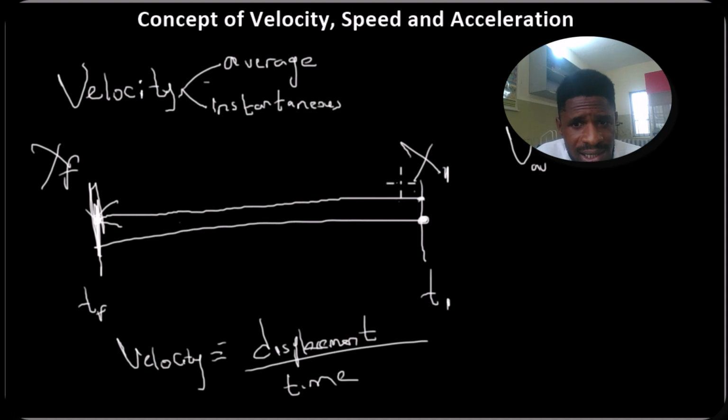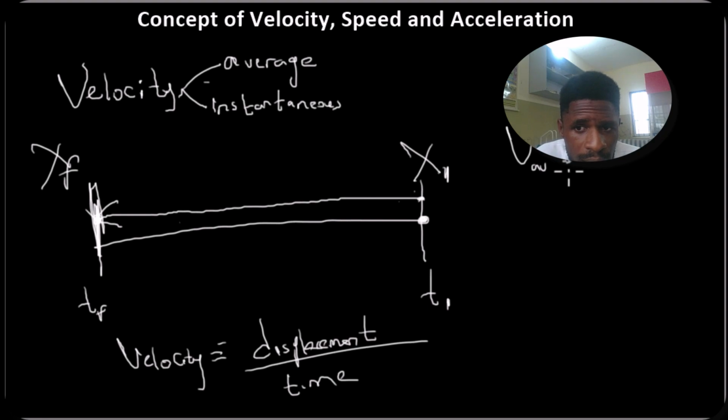Now, average velocity, as the name implies, when we go back to this motion, we have the starting position, the starting time, the final position, and the final time. The velocity we can calculate as a result of this motion is the average velocity. What do I mean?